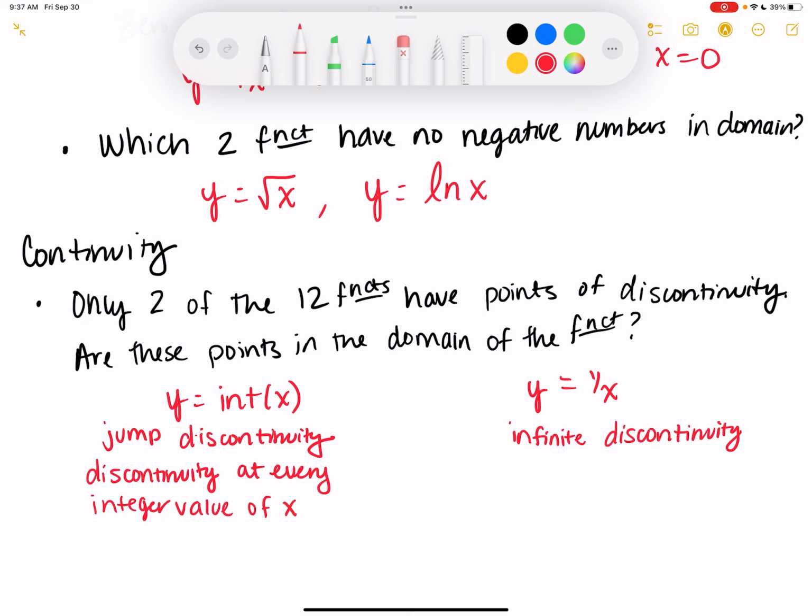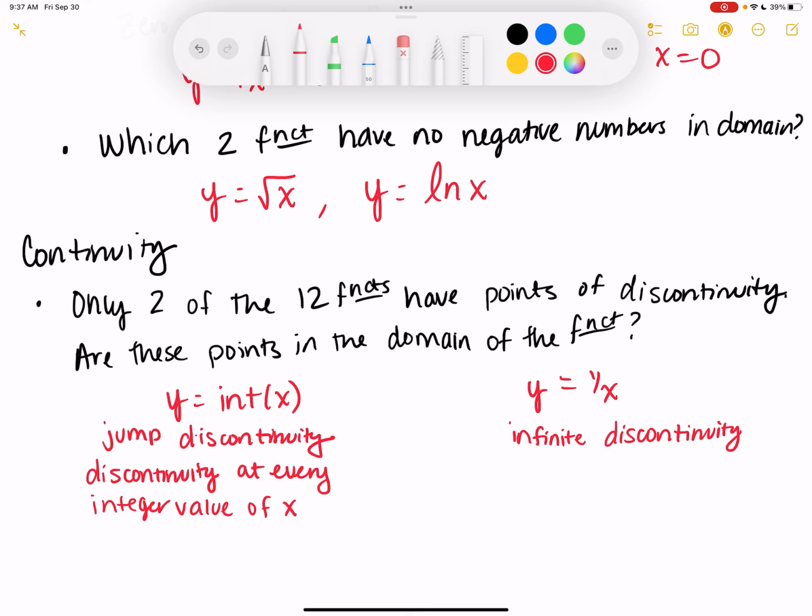It is an infinite discontinuity, but the question says, are these points in the domain of the function? The point of discontinuity in this one is not in the domain because it's at 0.